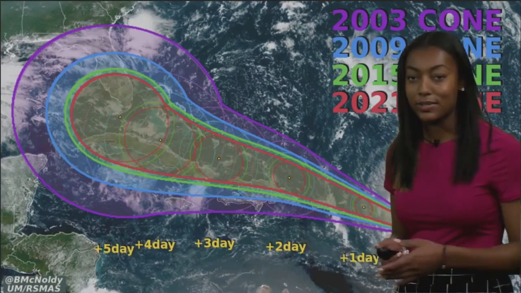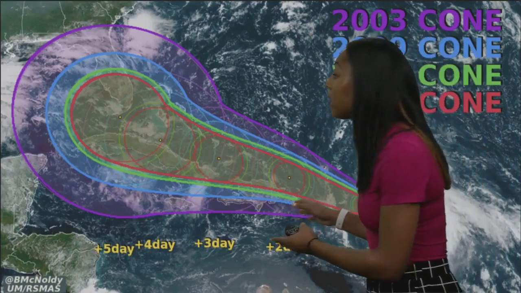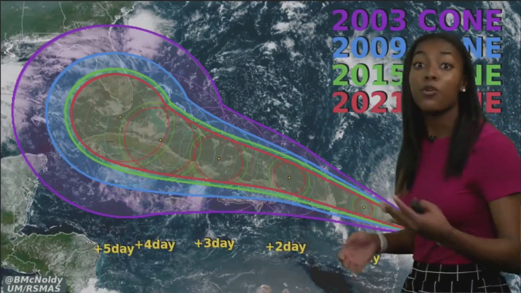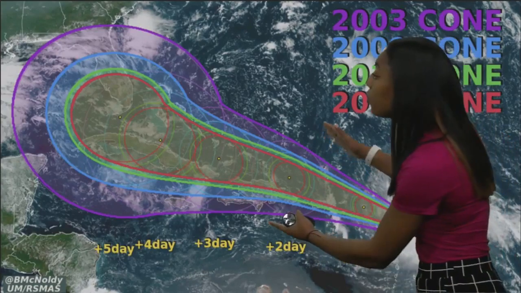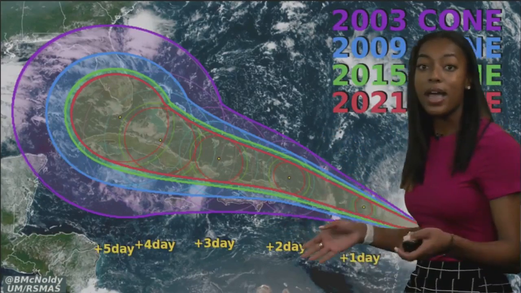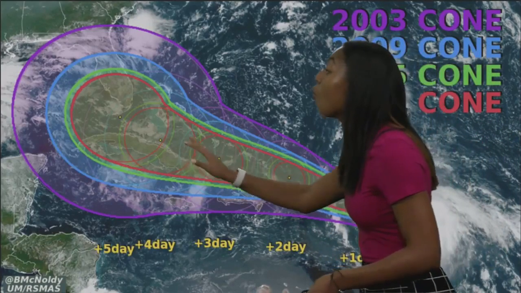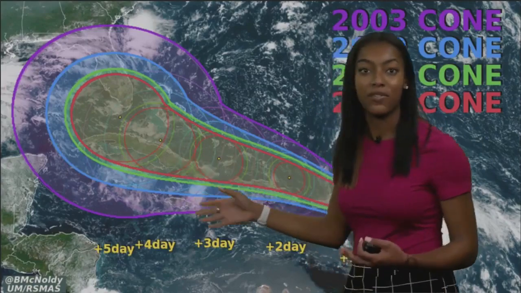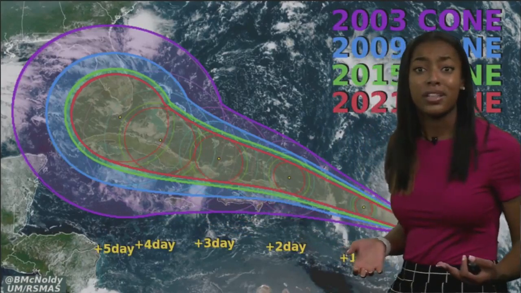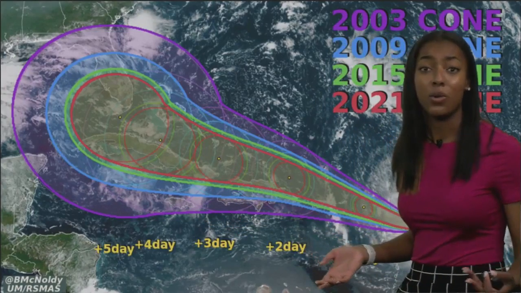That's a lot of words, but two things to know about that. It's apparent that the forecasts have gotten better because the cone has started to shrink, but 66% of the time, the hurricane is going to be located within this point at that specific time, and 33% of the time, it's going to be located anywhere else.